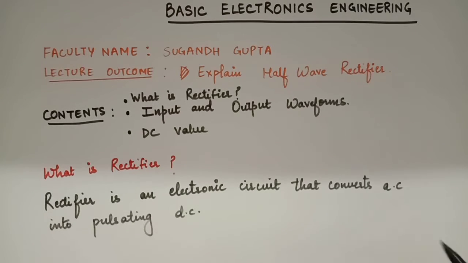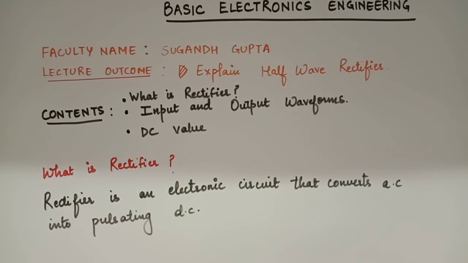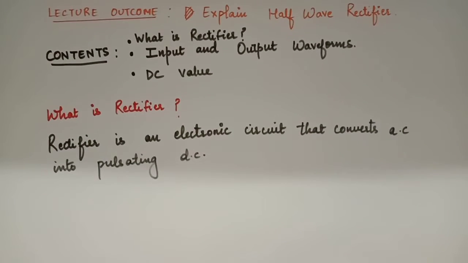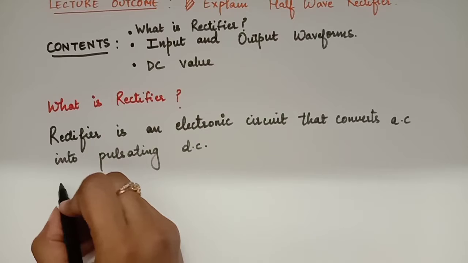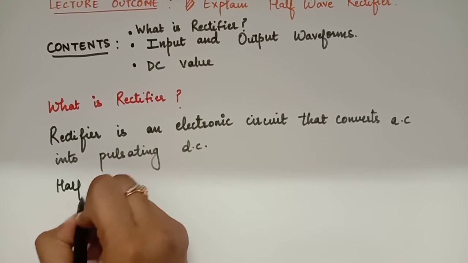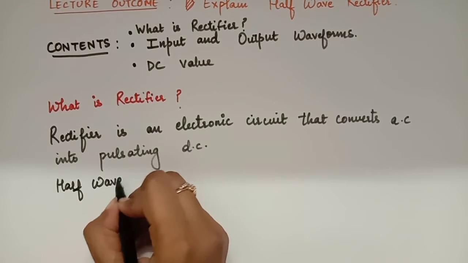And so that is a rectifier. A rectifier is of two types mainly, that is half wave rectifier and full wave rectifier. So let's start with half wave rectifier.